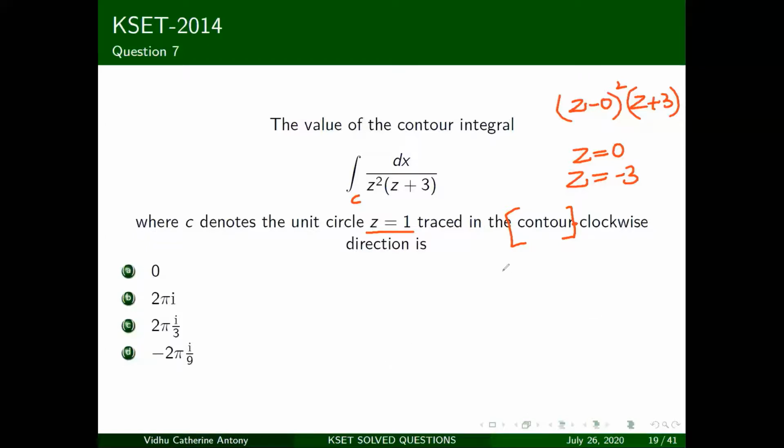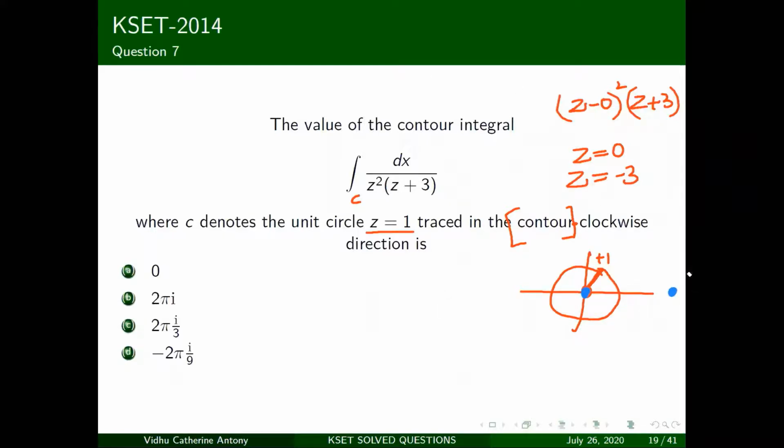So you have |z| equal to 1. Now, which of the poles lie inside the unit circle? If you have a unit circle of radius 1, one of the poles is here, and another pole is basically outside somewhere. So it's minus 3.